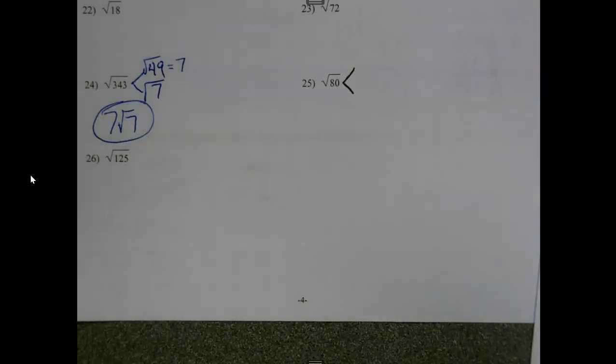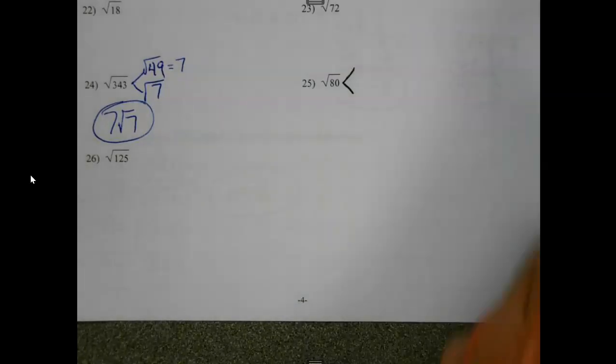I'll have you do that part, and then I'll jump in with the watch out part. And I'll tell you it's going to be bigger than 4 that goes in, even though that does. What perfect square will get into 80?